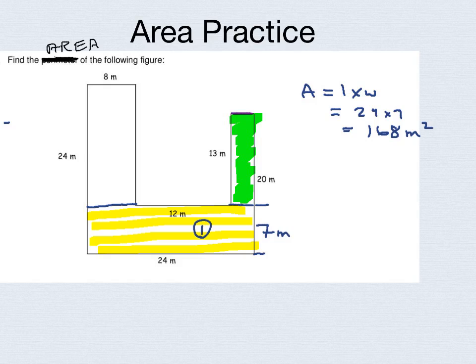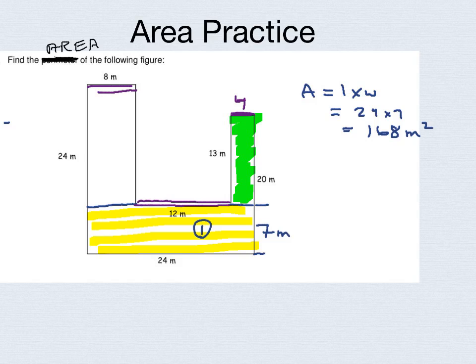What about this side? Like in the previous video, if the whole bottom is 24 and we have 12 from along here and 8 to here, that's 20. So this distance here must be 4, because that top line here and the line 12 and the line 8 must all add to give you the bottom.